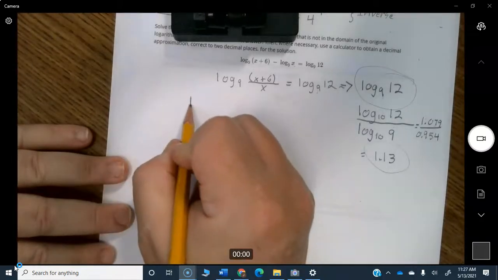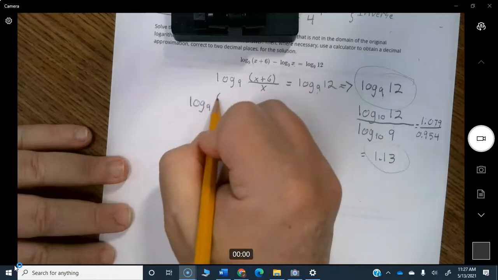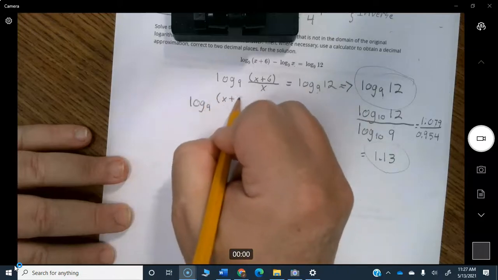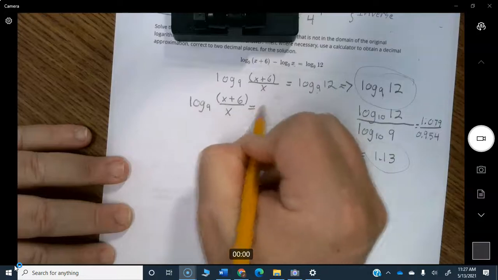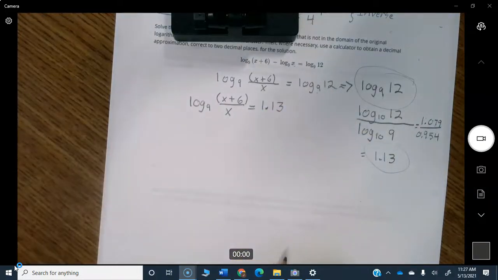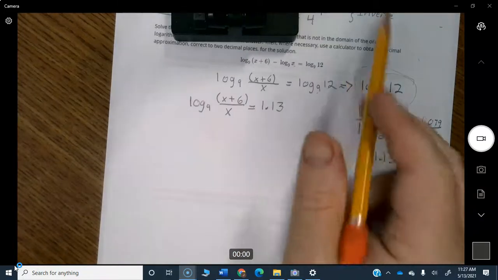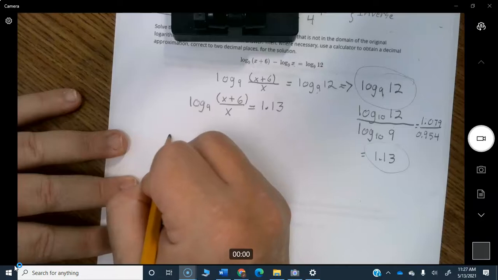So now I can come back to my main equation down here, and I'll just write that out. So log base 9, okay. At this point, we can do the same thing that we did up above in the previous problem. We're going to raise that to the 9th power.